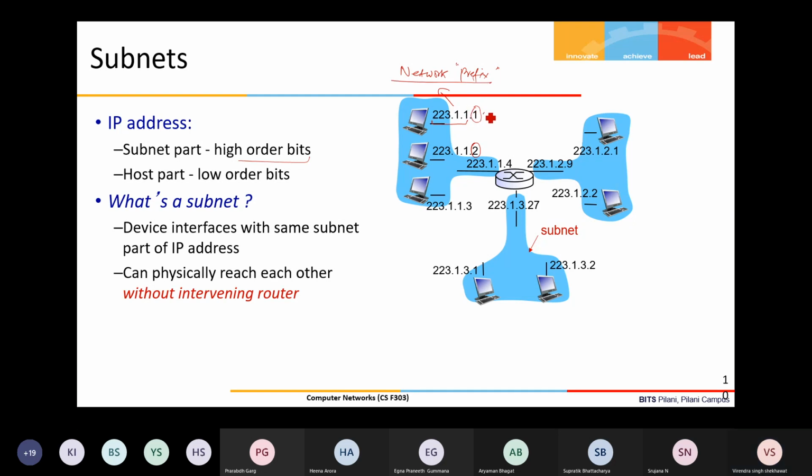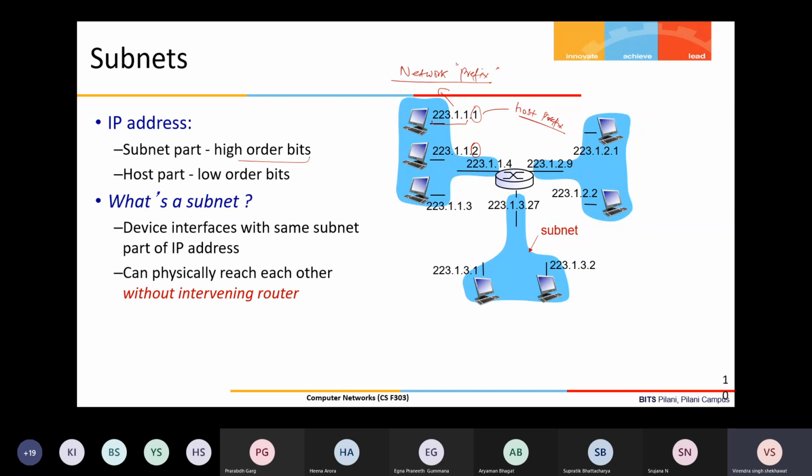The higher order bits are called the network prefix, and the lower order bits are called the host part. So 8 bits are used to represent the host, and the 24 bits in this case represent the network, which network it is. So you can say there are 3 networks at this stage which are connected to this router.